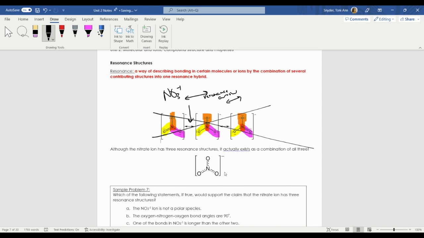This is a combination of all of these resonance structures, and this is what actually exists. You would be asked, however, to draw all of the resonance structures that contribute to the one structure. We'll do some examples with this in a little bit.